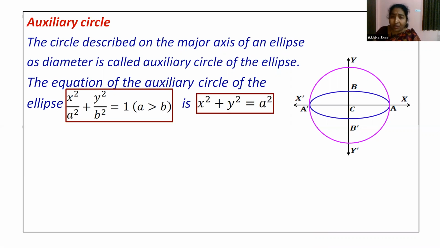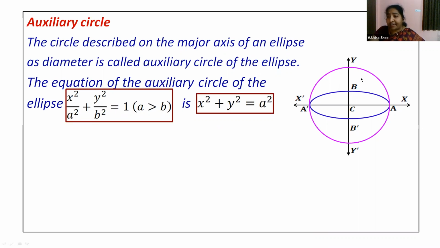Now you can also define this auxiliary circle in a different way. What exactly is this? The locus of feet of the perpendiculars drawn from the foci to any tangent. Since we didn't talk anything about the tangent of the ellipse, I didn't mention that in this slide, but definitely we will come to this when we talk of tangents. Now, a tangent is a line which touches any curve at one single point, that you know by this time, children.